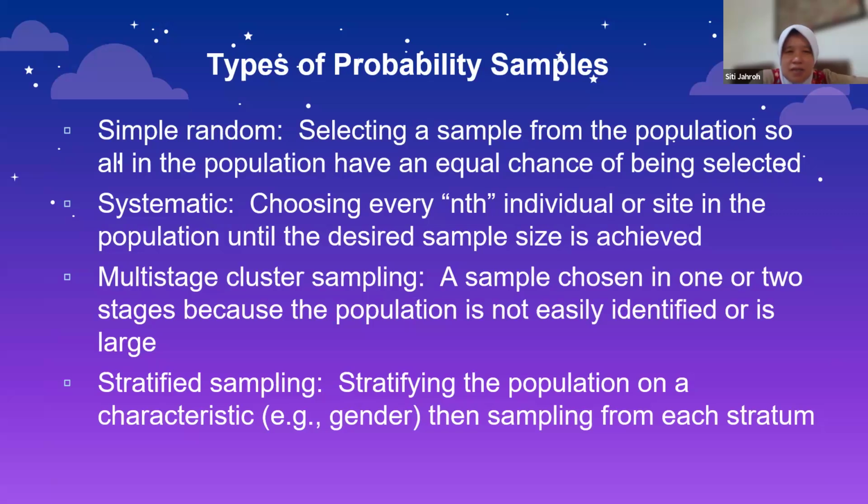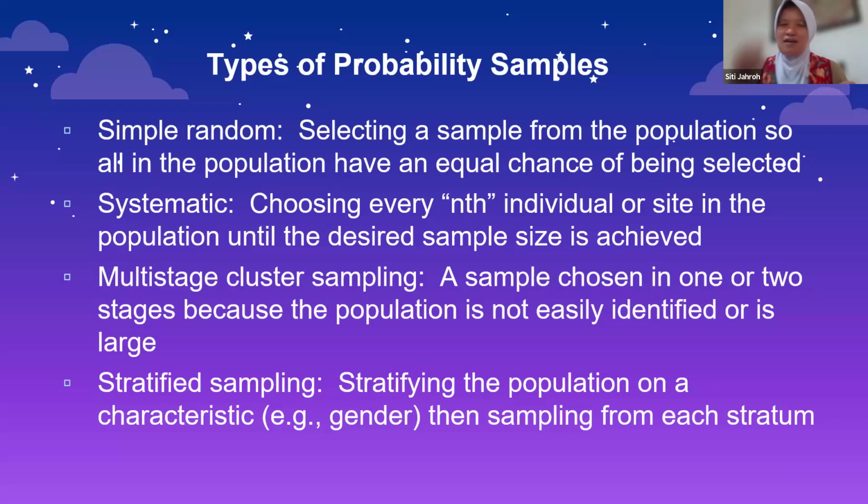Actually, through simple random sampling, you select the sample from the population so that all of the population has an equal chance, the same probability, of being selected. In Indonesia, you have the arisan, right?